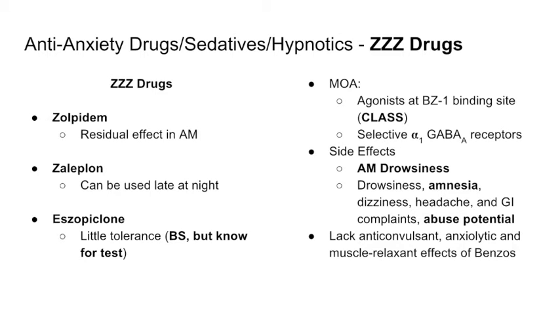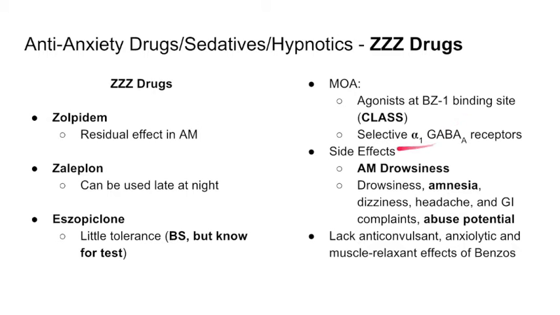Z drugs. So these, as I was talking about before, are benzodiazepines that we were able to modify to specifically activate different targeted parts, different targeted receptors. So their mechanism is the benzodiazepine binding site.